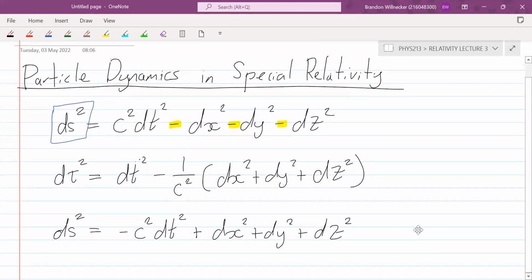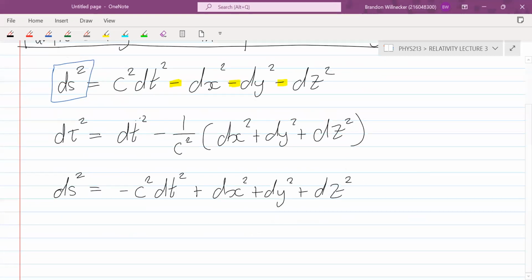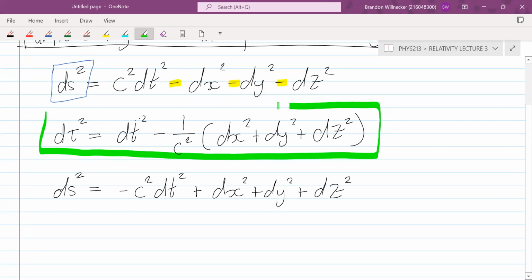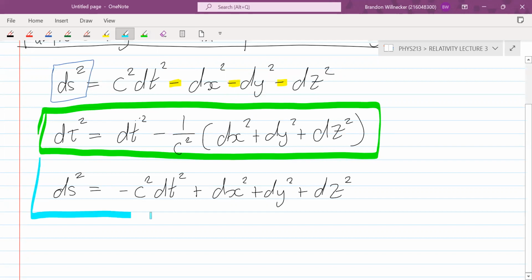So we're going to forget about this ds as being the Pythagorean distance, but using the Minkowski metric. Now instead, we're only going to be focusing on these last two equations over here. Notice the relative minus sign between the two.